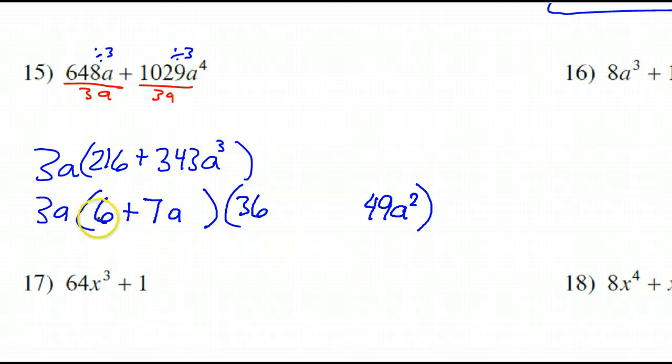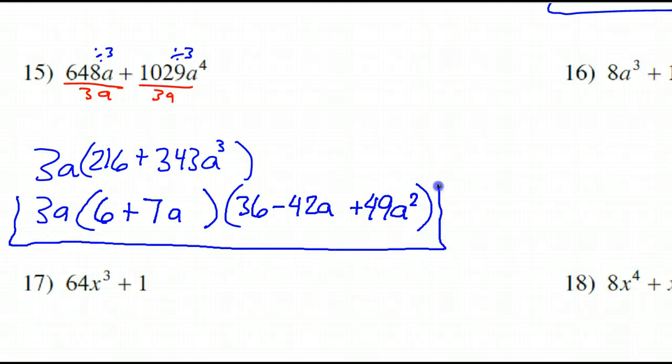If I multiply these together, 6 times 7 is 42, and that's plus. So I'm going to get 42a by multiplying. And we will take the opposite sign, so minus. So this would be our final answer for number 15.